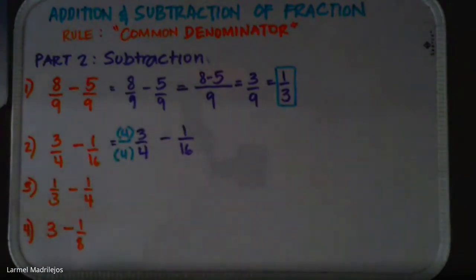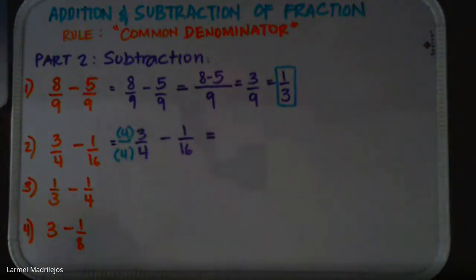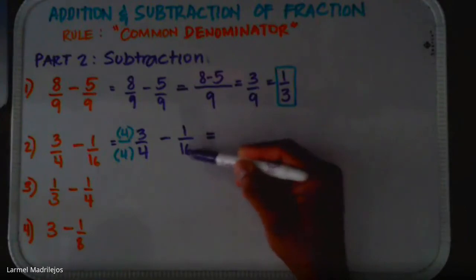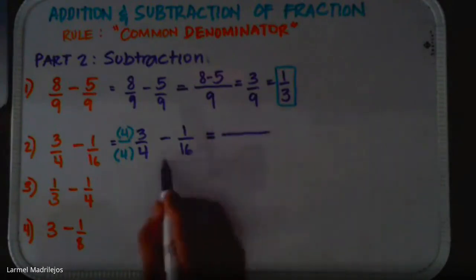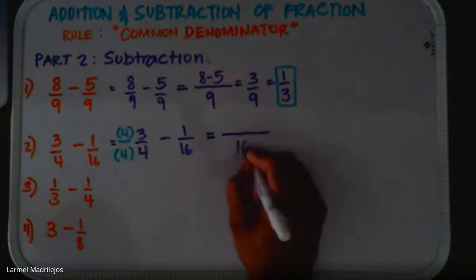So I just need to convert this number to 16 by multiplying it by 4. Let's continue. If you notice in this operation, I don't need to multiply this by any number because it's already 16. So I know that 4 times 4 is 16, and this is 16. That's all over 16.